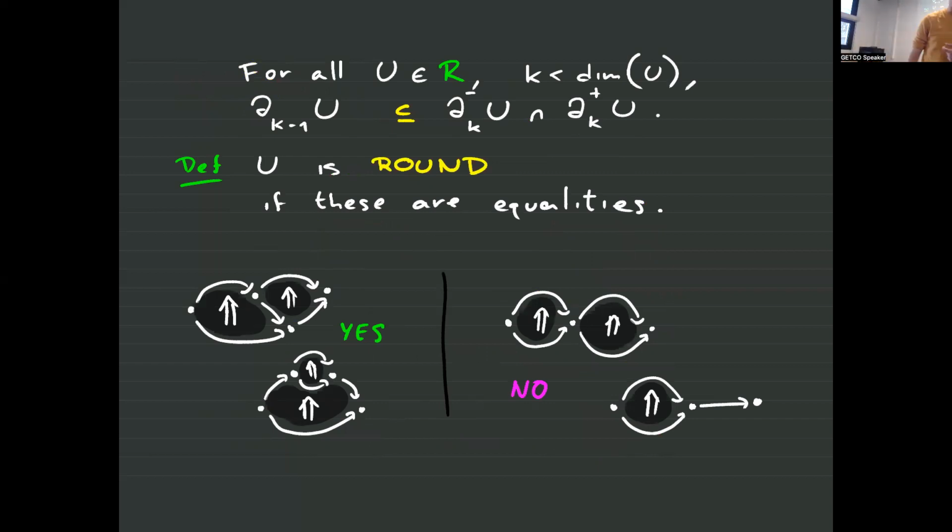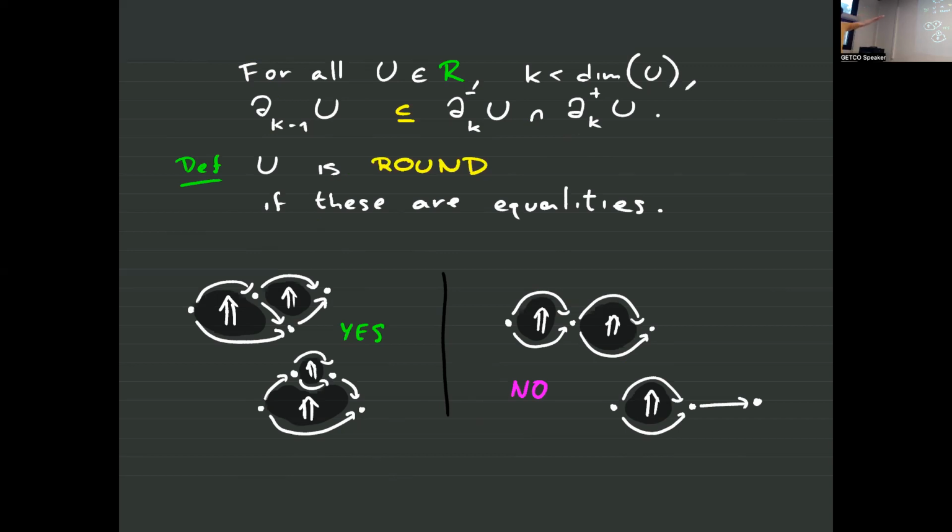Then I'll mention this roundness property. Something that you can prove about these regular molecules is that they satisfy this relation: the k-1 boundary, which is the union of the outputs, the entire k-1 dimensional boundary, is always included in the intersection of the input k-dimensional boundary and the output k-dimensional boundary.